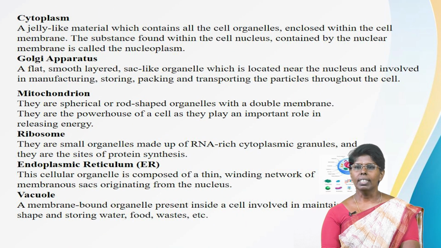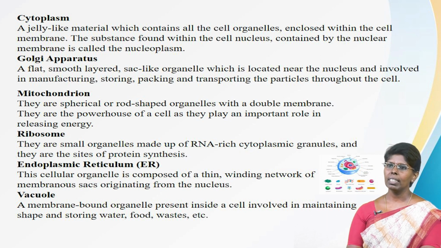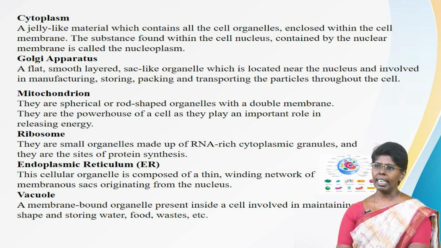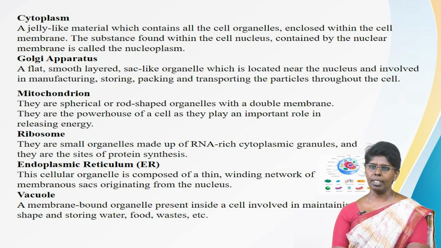Now, you see the cytoplasm. Cytoplasm is a jelly-like material which contains all these cell organelles. It is enclosed within the cell membrane. The substance found within the cell nucleus, contained by the nuclear membrane, is called nucleoplasm. It is jelly in nature, like the cytoplasm.